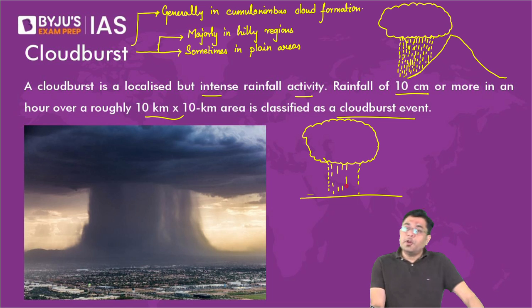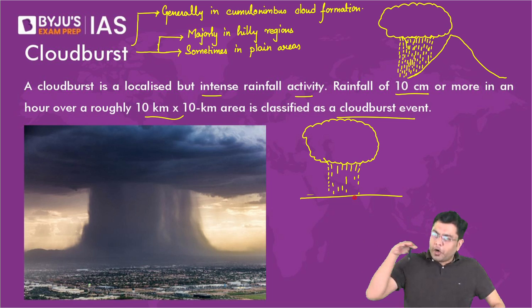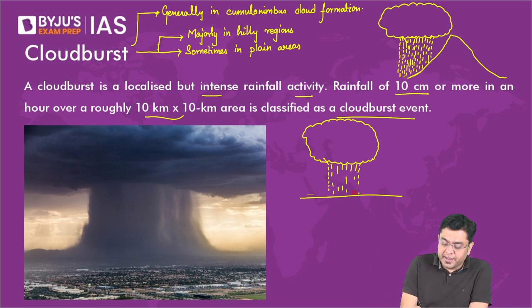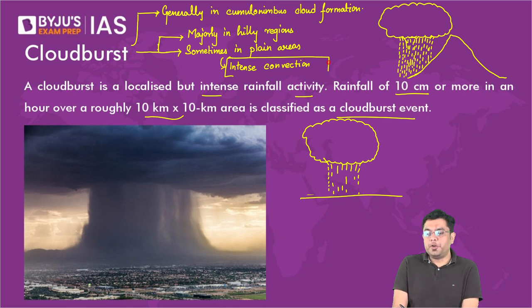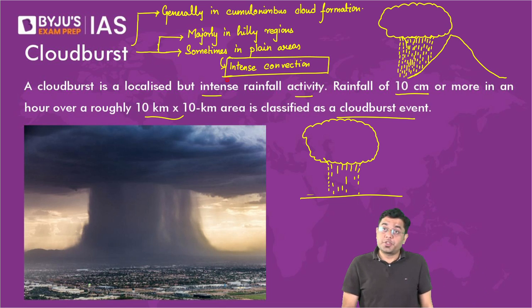So in the case of hilly regions, because of the pushing of the winds above the hills, and in the case of the plain areas, because of intense convection. That is what we refer to as a cloudburst.